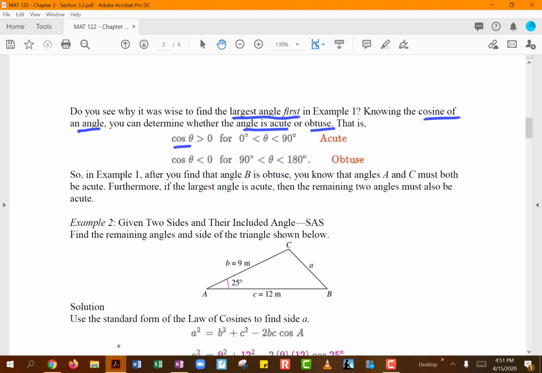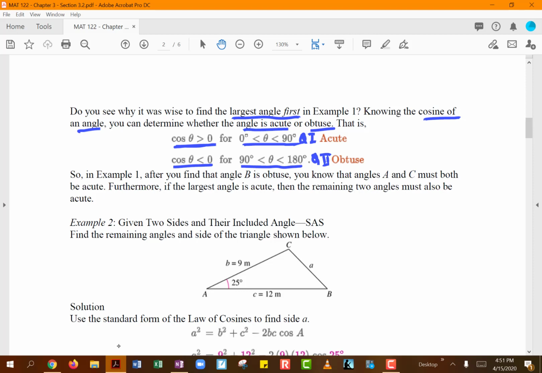If your cosine value comes out positive, you are looking at quadrant 1, so your angle is between 0 and 90 degrees. However, if your cosine value comes out negative, your angle theta is between 90 and 180 degrees, so that would be quadrant 2. Okay? So that kind of helps you out.